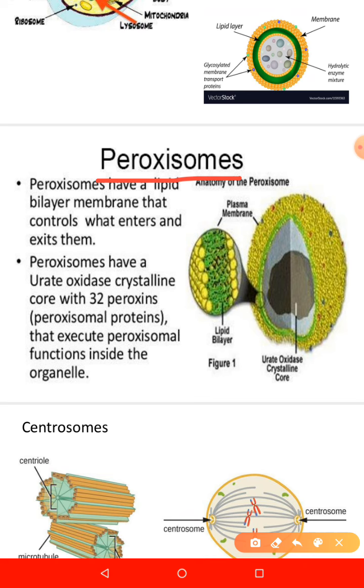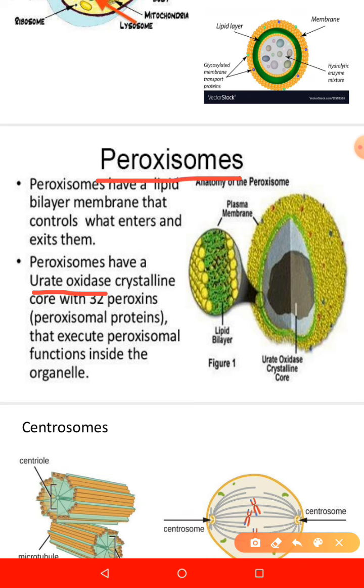Now, peroxisome have a urate crystal or urate oxidase crystalline core with 32 peroxines. Okay, peroxines are peroxisomal proteins that execute peroxisomal functions inside the organelles. So the peroxisome, they have a urate oxidase crystalline core. Urate oxidase, meaning it's an enzyme.